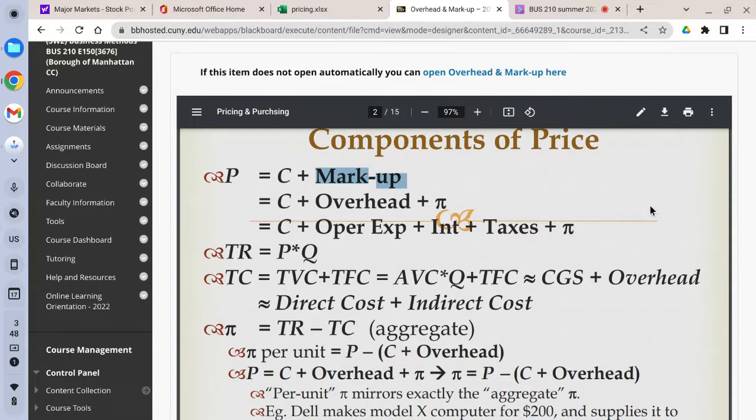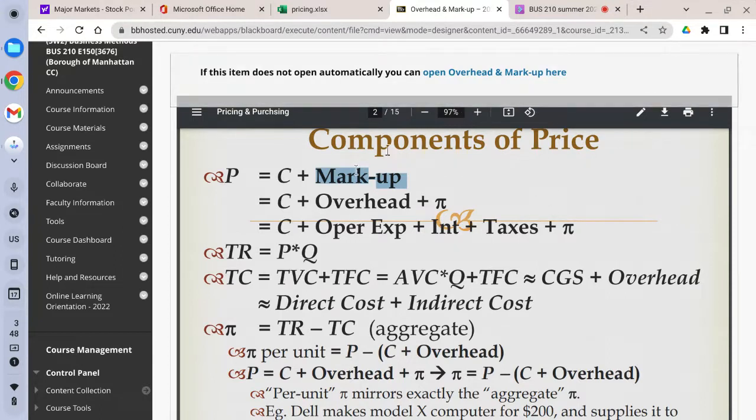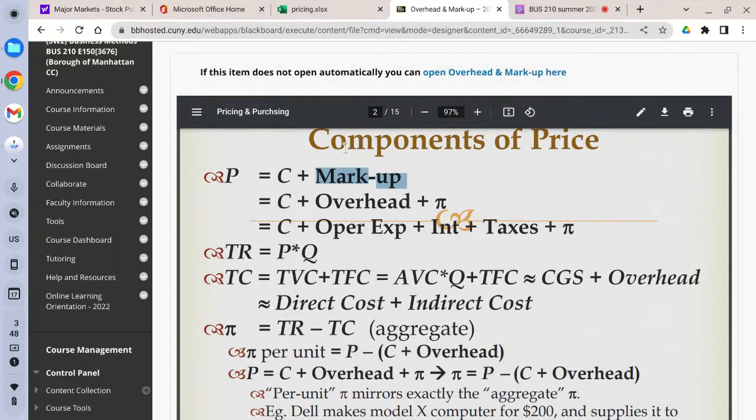So you normally think, if this thing is $300, and the actual production cost is $200, then you will say, oh, then $100 is the profit margin. No, it's not exactly the profit margin. Roughly you can think of that as profit margin.